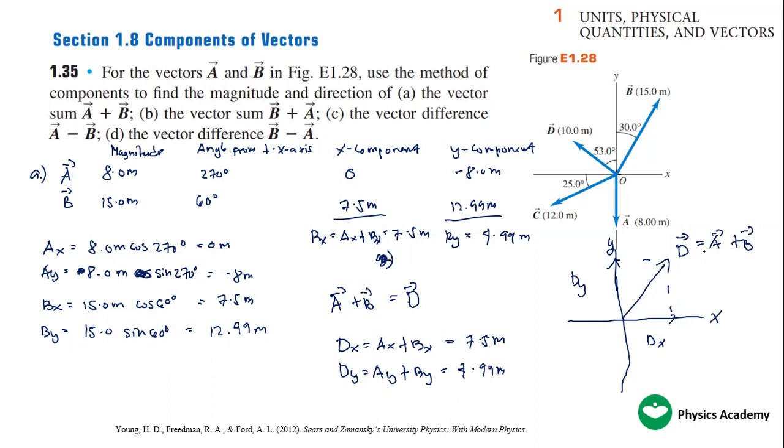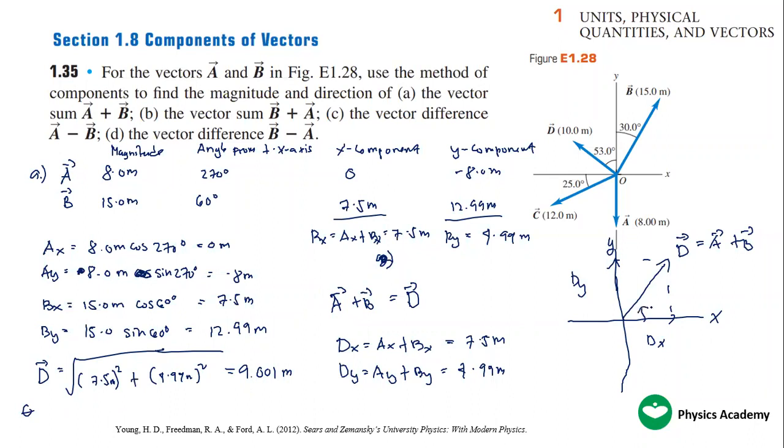So we can find the magnitude of this vector D that we let as A plus B. It is the square root of 7.5 meters squared plus 4.99 meters squared, so the magnitude is 9.001 meters.